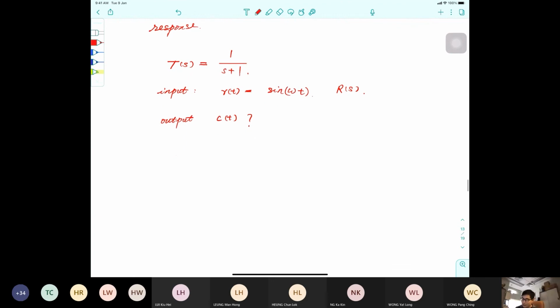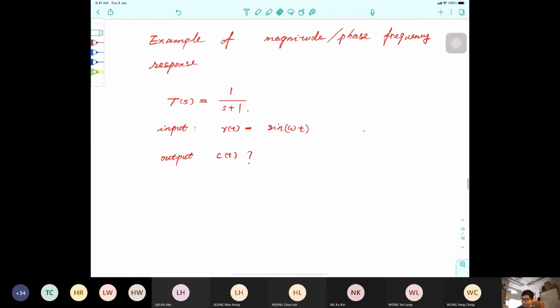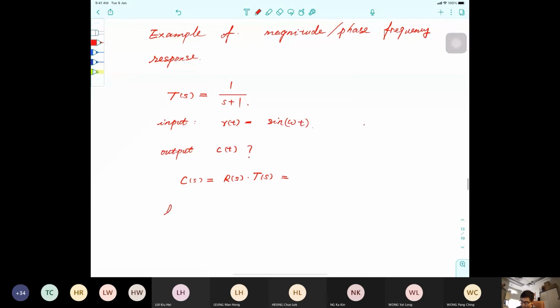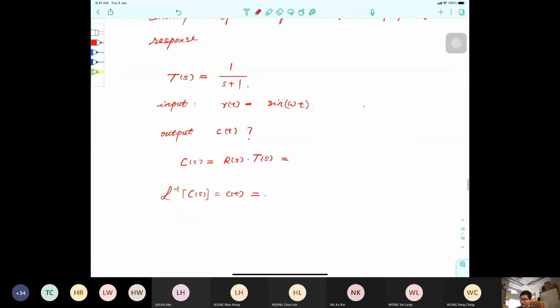So first step, we need to know C(s), right? C(s) equals R(s), the input, times the transfer function T(s). And the inverse Laplace of C(s), we get C(t) equals something. So first step, what is R(s)?